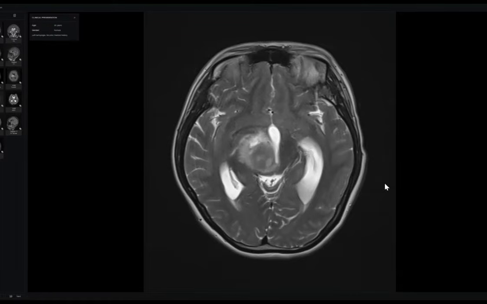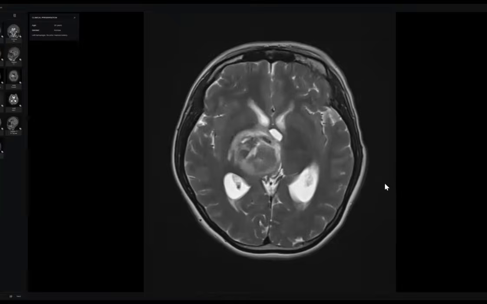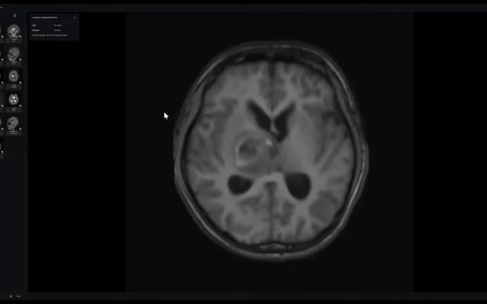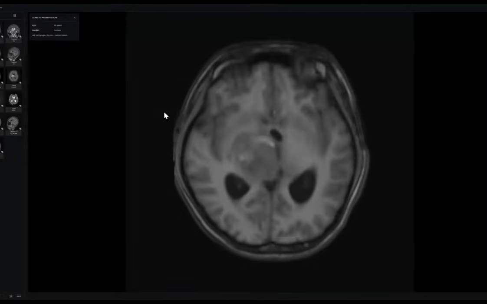Okay, also it is causing some mass effect on the adjacent midbrain. Could I also see T1? On T1, the mass lesion is heterogeneous.